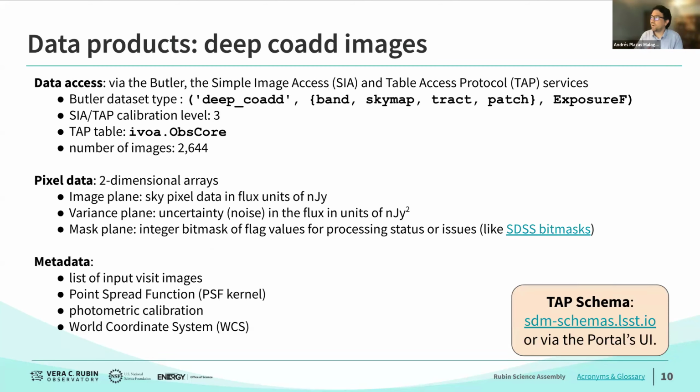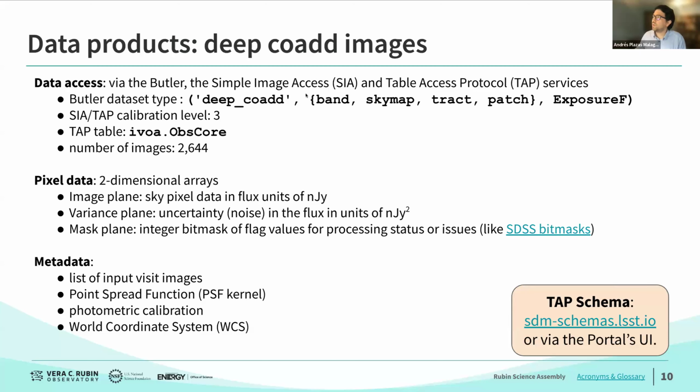Now the data access. How do we access the deep coadd images? We can use the Butler, which is a high-level interface software that I will show you a little bit in one of the tutorials. You can also use the standards or protocols from the International Virtual Observatory Alliance. In particular, we have the Simple Image Access protocol or the Table Access Protocol that you can use to access these images.